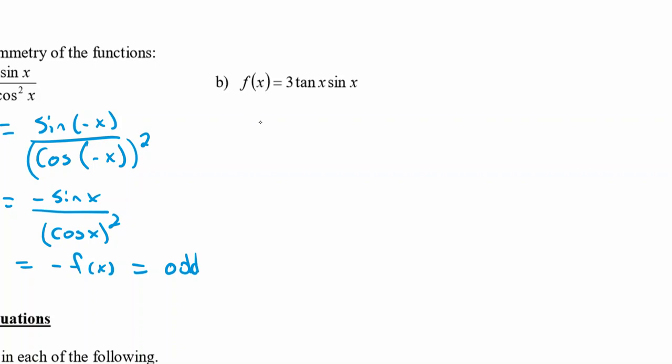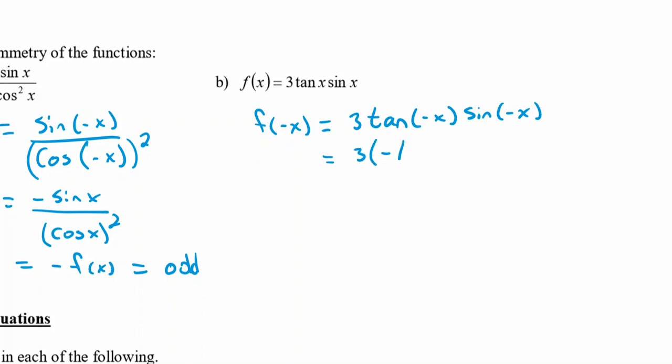Okay, let's do it for the next one. So f of negative x is equal to 3 tan, and then I'm going to throw in negative x, and then sine of negative x. So that would be 3, and then tan of negative x would be negative tan x, just from my rules above.